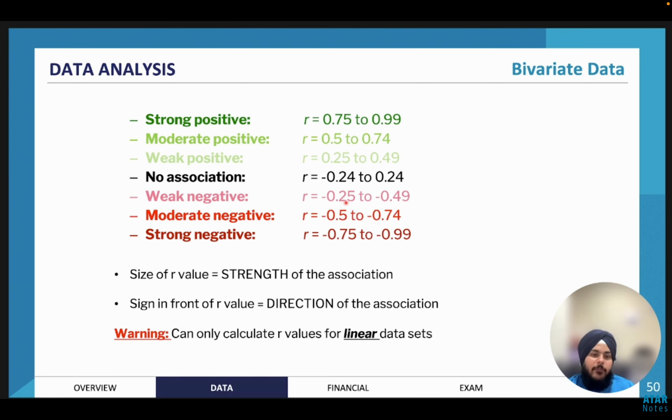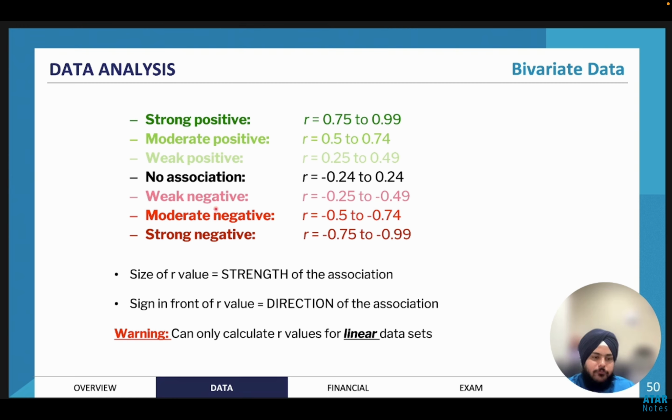Similarly, if it's between negative 0.25 and negative 0.49, we would consider that a weak negative relationship. If it's between negative 0.5 and negative 0.74, that would be a moderate negative relationship. And if it's between negative 0.75 and negative 0.99, that would be a strong negative relationship.